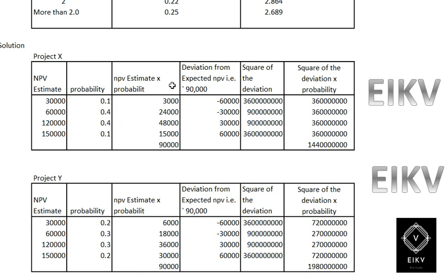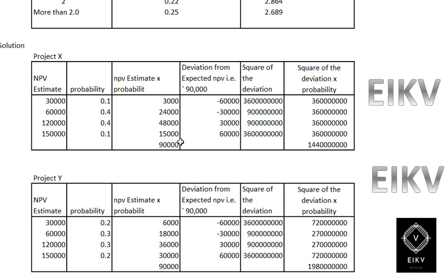Then when we multiply it with the probability, we will get the amounts 3,000, 24,000, 48,000 and 15,000. Therefore the total amount will be 90,000, which is computed as the average or mean. The next column is the deviation, which means x minus x dash.